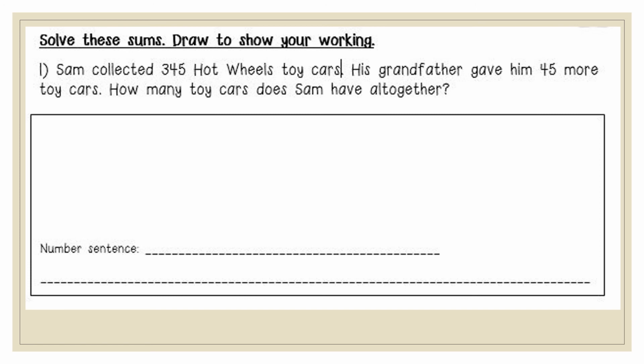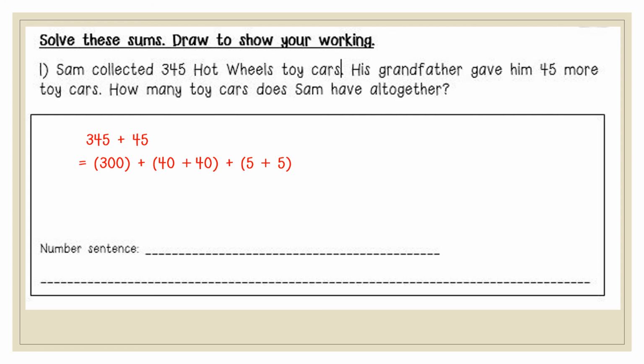So when we are adding, we can use the breaking up method for this problem solving sum. So our sum will be 345 plus 45. And we are going to use the same 3 steps where we break up the numbers into hundreds, tens, and units, and then where we add all, and then we get our final answer. So if we break up our numbers into hundreds, tens, and units, it will be 300.